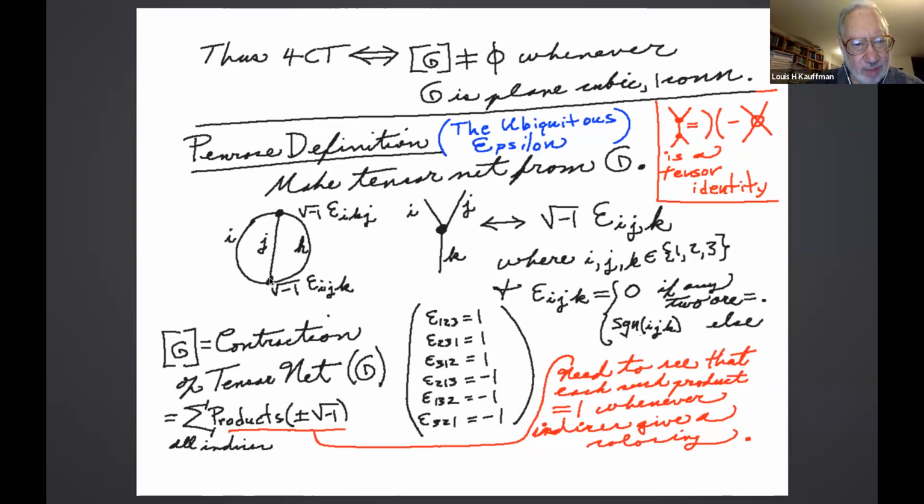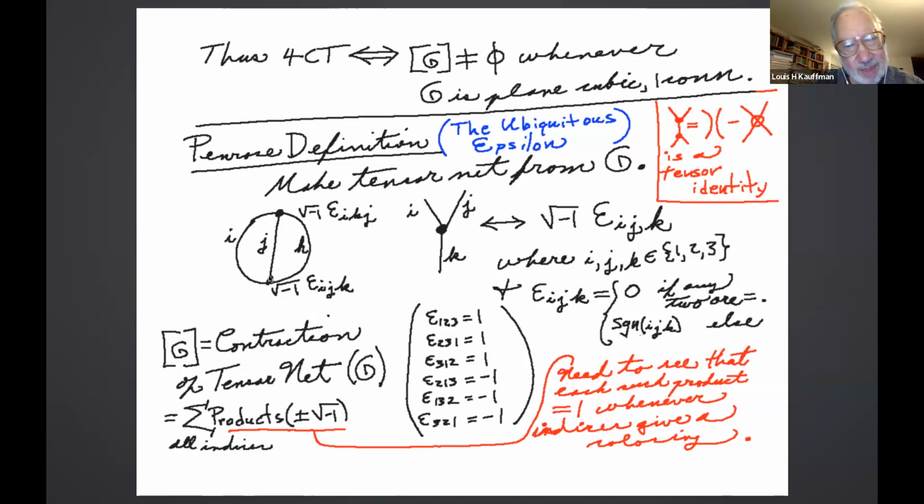Every node becomes a tensor, and every index occurs twice because every index occurs at the ends of its corresponding edge. So in this case, you would get root -1 epsilon I, K, J, root -1 epsilon I, J, K, and you're supposed to sum over all repeated indices to contract the tensor.